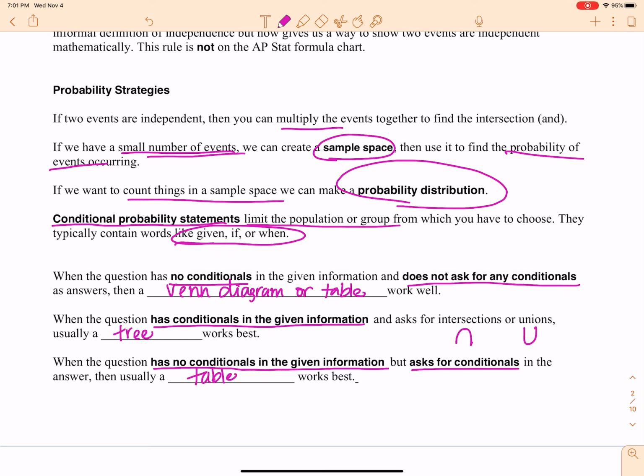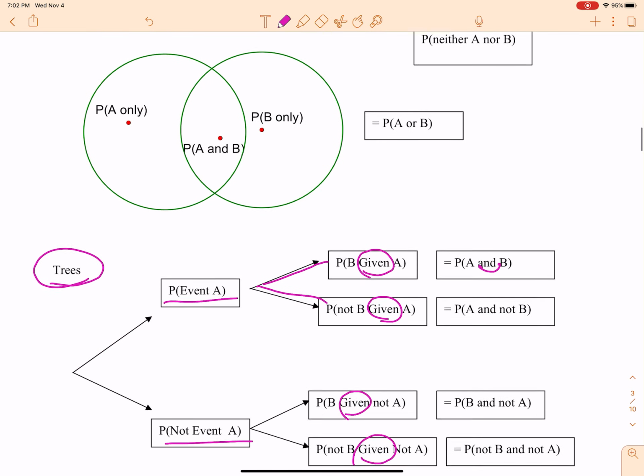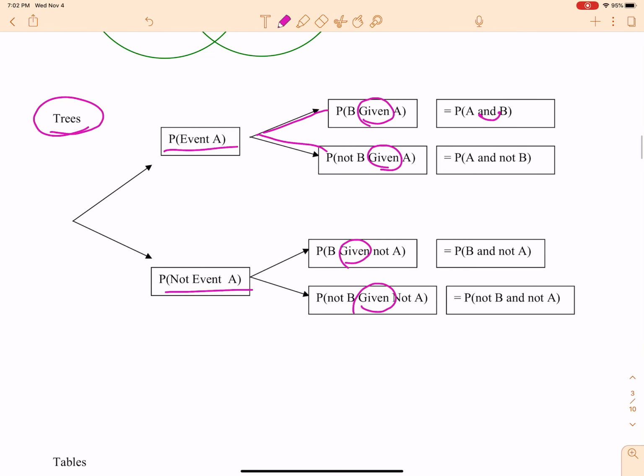So this is just kind of an overview of our strategies, and showing you how a tree works is actually easier within a specific problem.